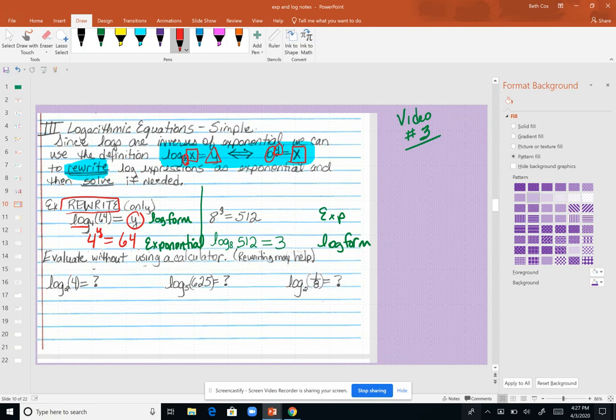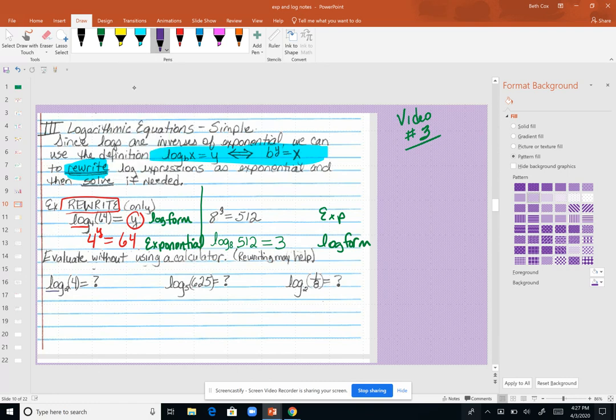Okay, and so that might help you to see what we're doing here. You've just got to get those 3 numbers from one place into the other. Okay, so again, we can do that with these down here on the bottom. And this says evaluate, so we're actually going to get the number for these.